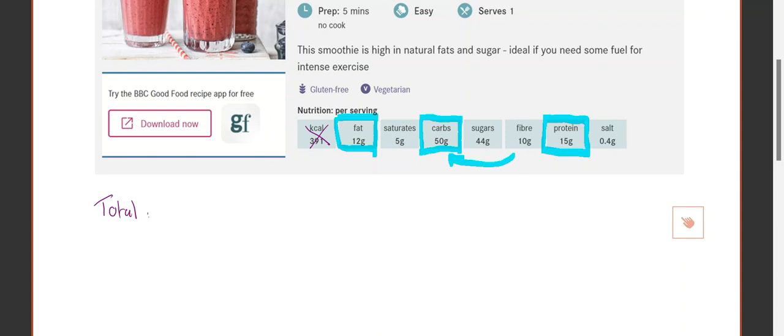What we want to do is actually, I'm going to create a little table now. Okay. I'm going to write fats. How much do we think we have? 12 grams. I've got carbs.